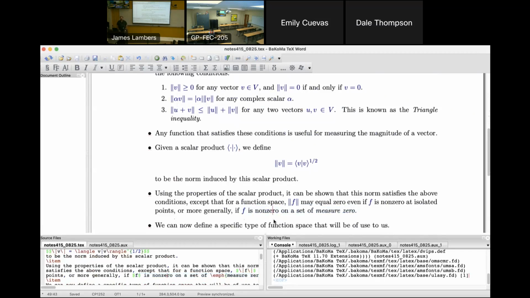Like if you're in one-dimensional space, a single point along the real axis, that set has size 0, as opposed to an interval, like the interval AB, that has a non-zero size, or volume in one dimension. It's B minus A. So that would be a set that has non-zero measure, but a point by itself has measure 0. So as long as f is 0 everywhere, except possibly on a set of measure 0, the norm can still be 0.